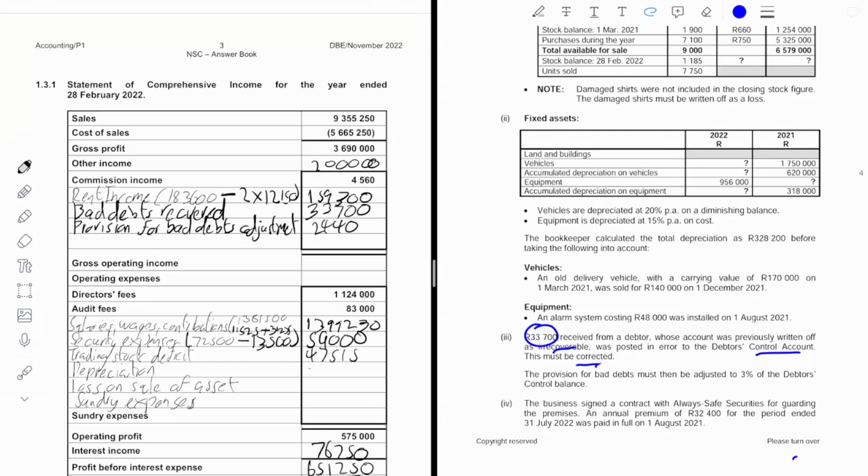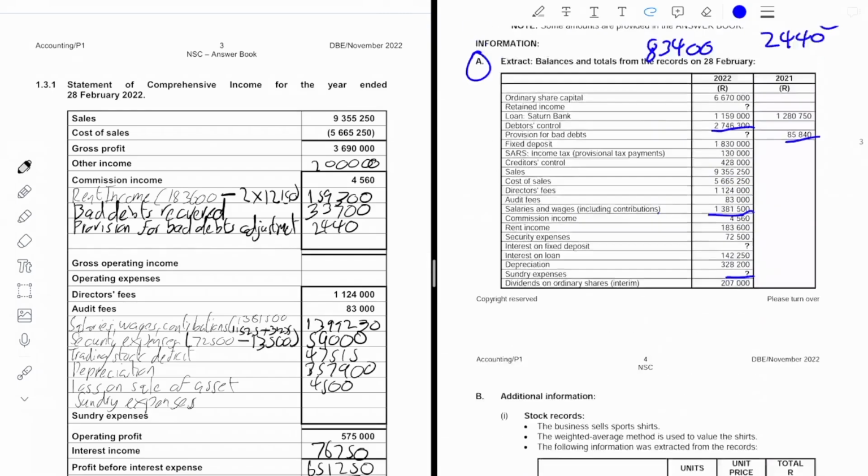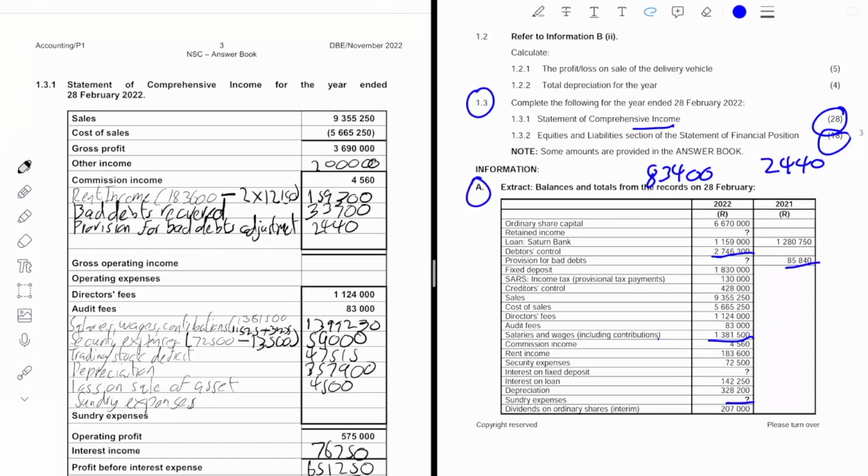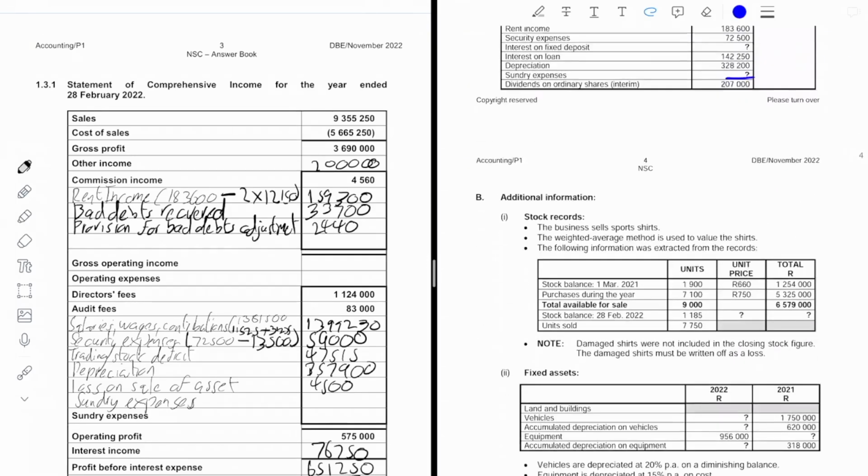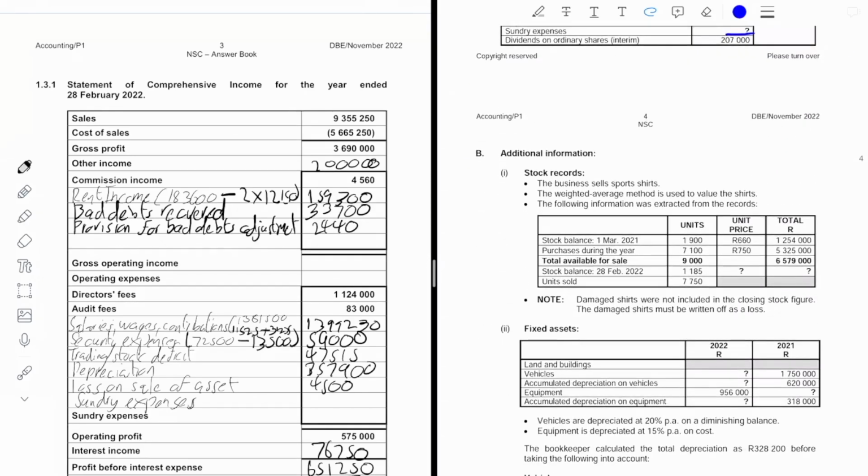Our total depreciation for the year is 357,900. And our loss on the sale of assets is 4,500. Now, if you look at sundry expenses, and I did mention this earlier, they haven't given us this figure, but we have all other figures in the income statement, so we can use that as a balancing item.